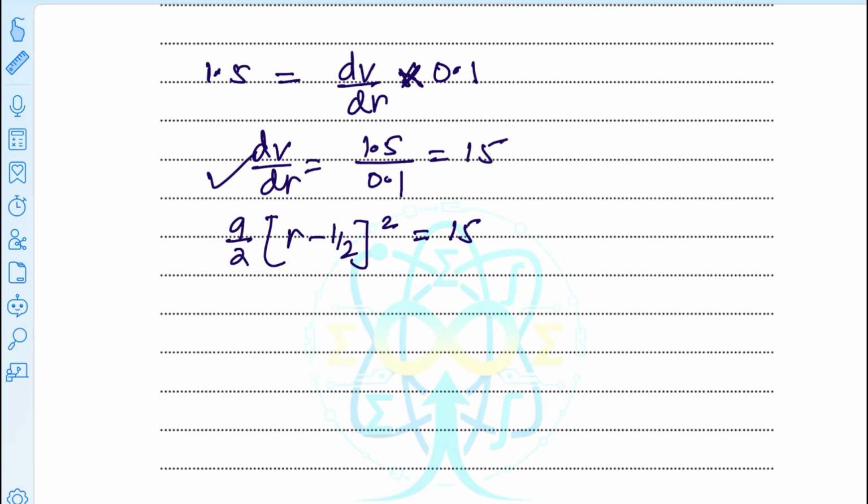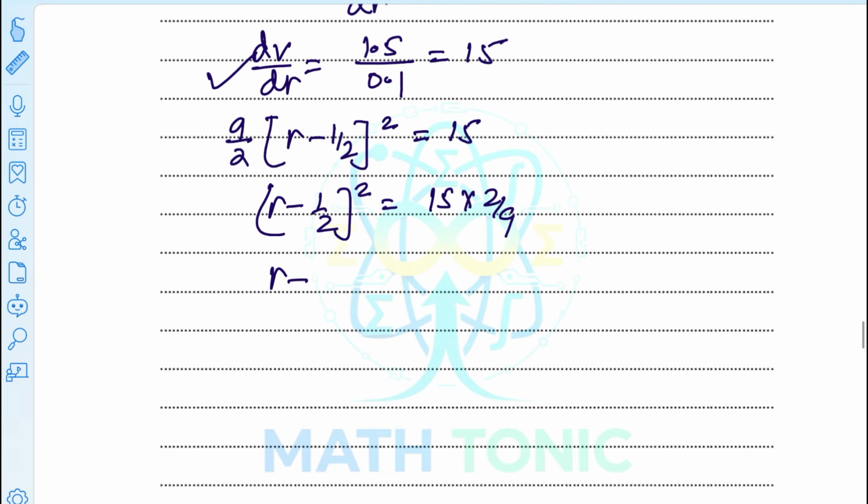So if you rearrange it, (r minus half) squared equals 15 times 2 over 9, right? So we can say r minus half equals square root of 15 times 2 over 9, right?